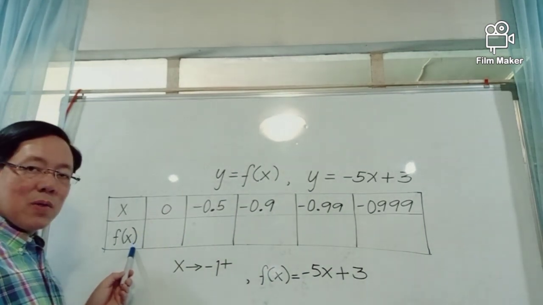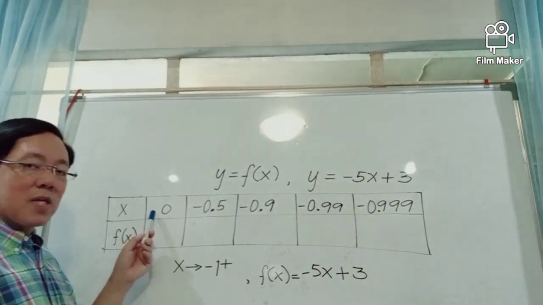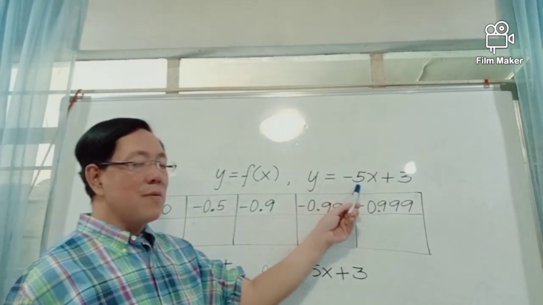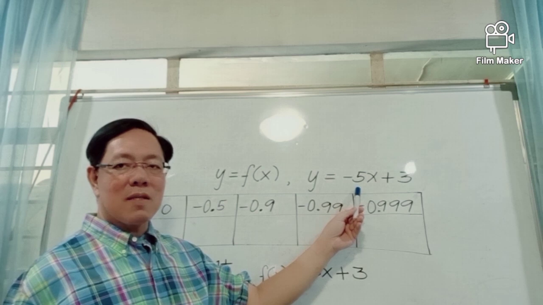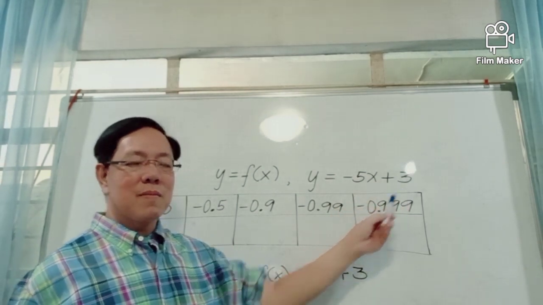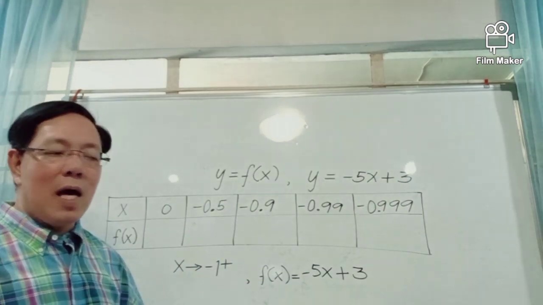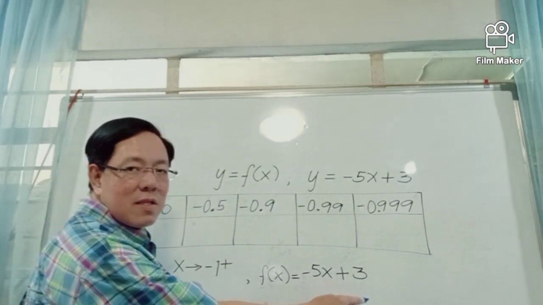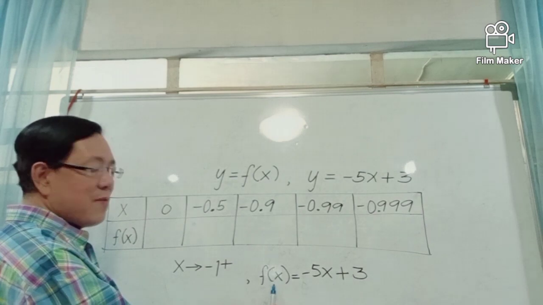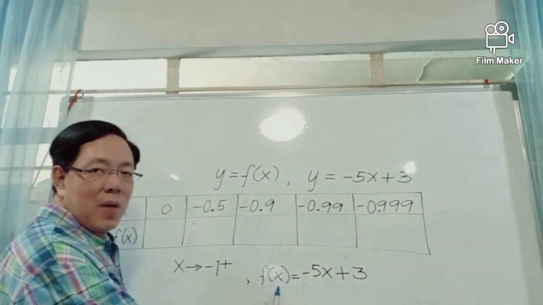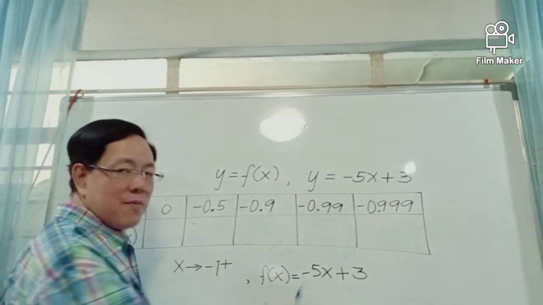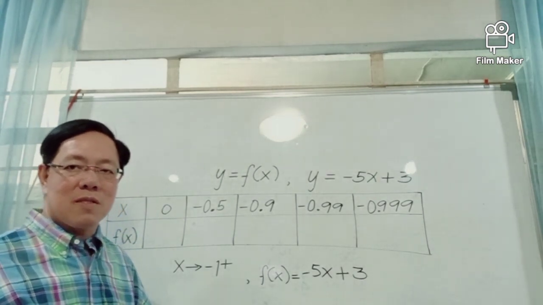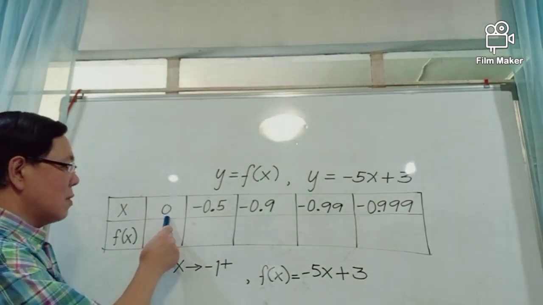To get the value of the function f of x, you substitute each value of x into the function negative 5x plus 3. In this function, you substitute each value of x, evaluate the function, and you get the value of the function f of x. We start with 0.